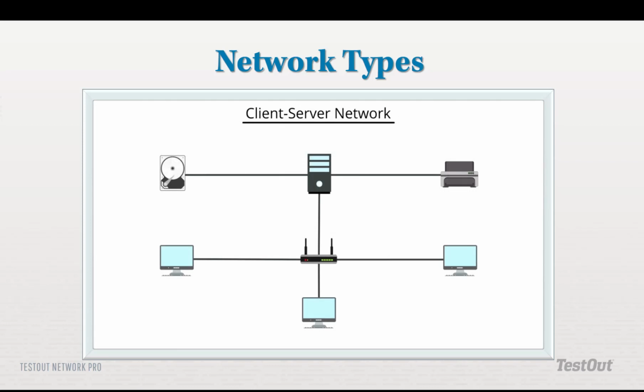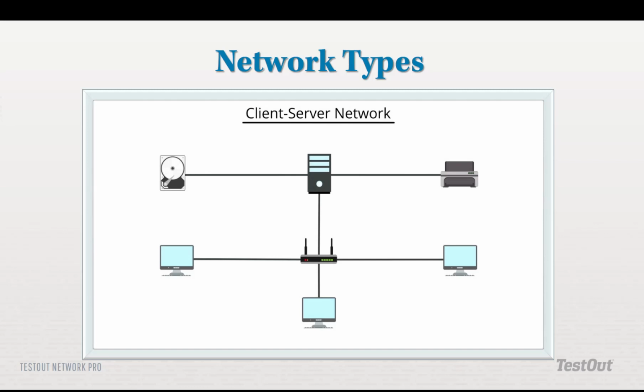Client server: you see you have the one network server over here connected to a switch, and everybody is connected to the switch. The printer can also be connected to the switch, or it can be connected to the printer itself. Everybody has access, and through here you're going to use an operating system such as Server 2016 or Server 2019 that has user accounts through Active Directory.